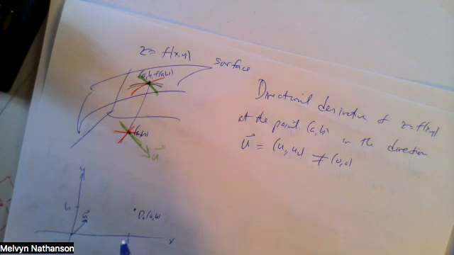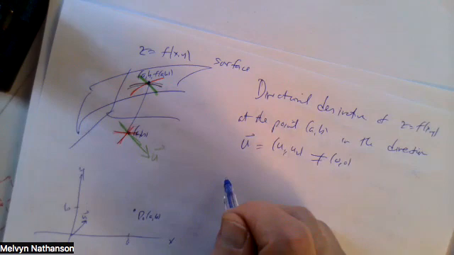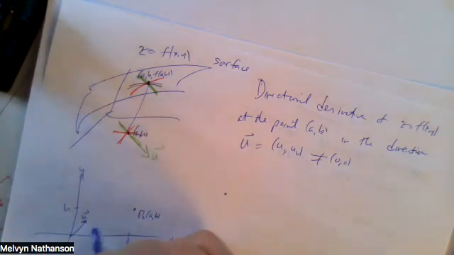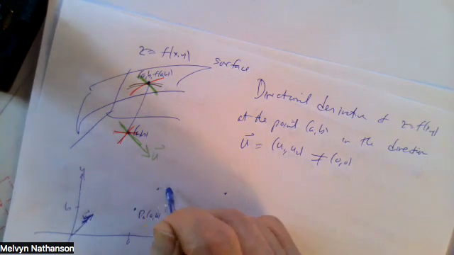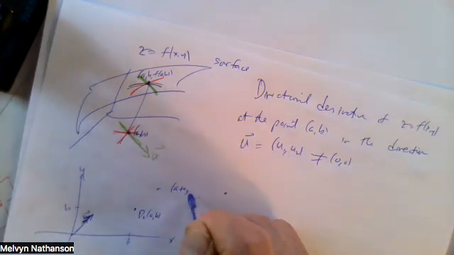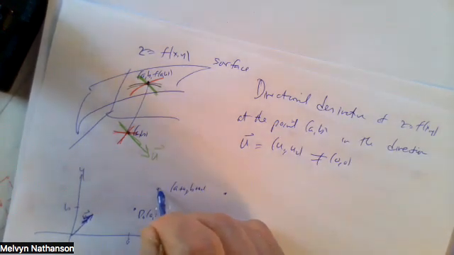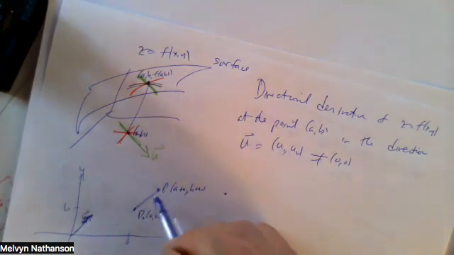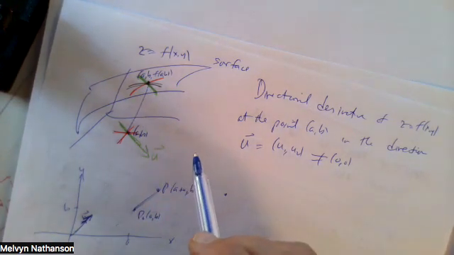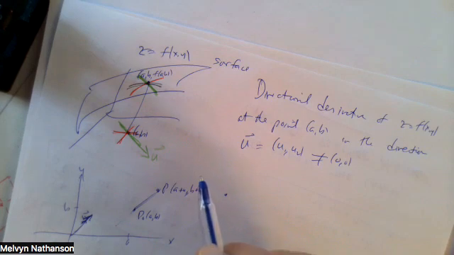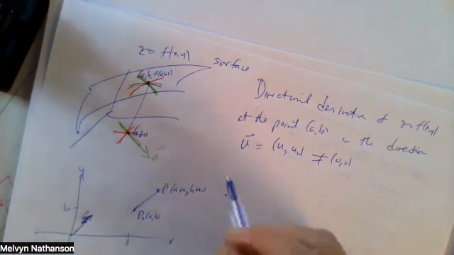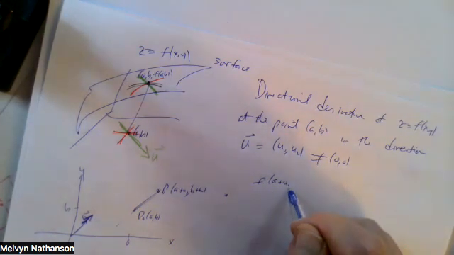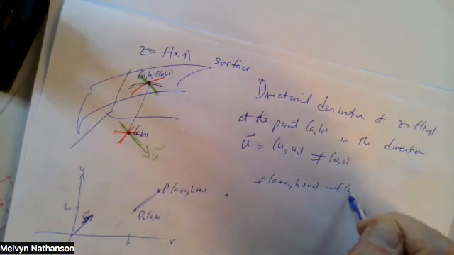So you want to look at, from the point A, B to the point with coordinates a plus u1, b plus u2, along this line, from here to here, in the surface, you have f of a plus u1, b plus u2, minus f of a, b.